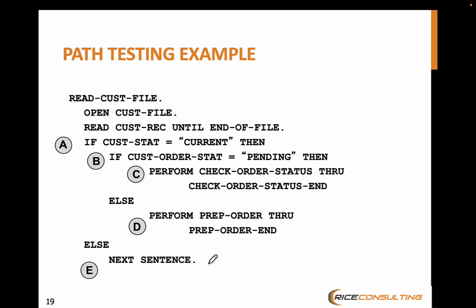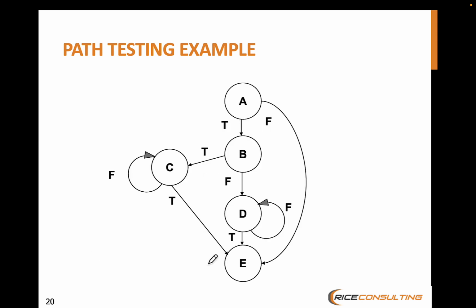So the way this looks on a structure chart or a control flow chart, however you want to call it, we have various paths that you're going to see build out here. You have the A true to B true path, and then you get down to C. If C is true, then you immediately go down to E. So that would be path 1.